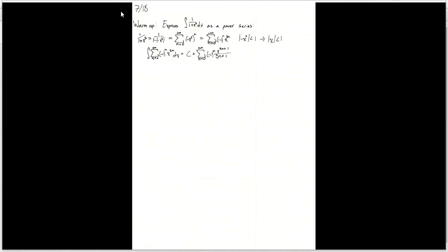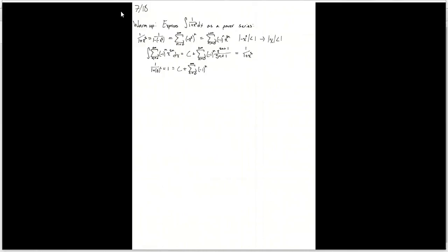Right? So we actually can find c because we know that this has to be equal to our 1 over 1 plus x to the fifth. And if we do 1 over 1 plus 0 to the fifth, well, this is just 1. And this is going to be equal to c plus the sum n equals 0 to infinity of negative 1 to the n.